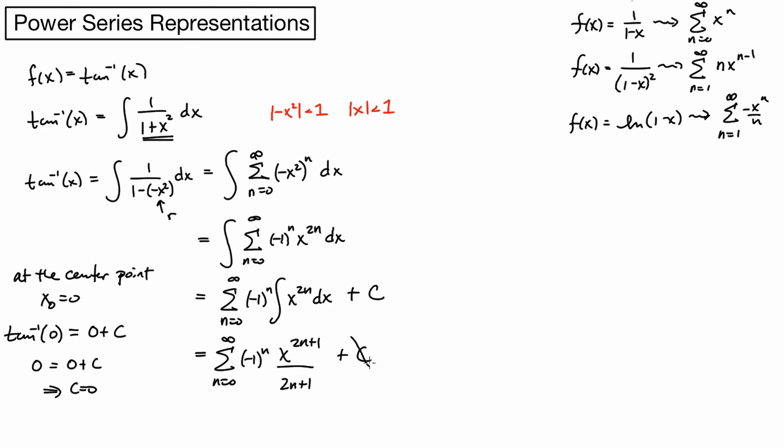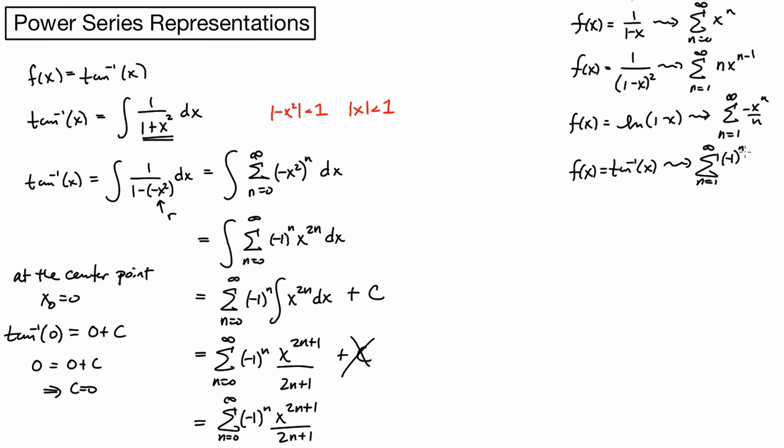So I can get rid of this guy and write down my final power series representation given to us by this sum. So I've now got another representation, this time of the inverse tangent or arctangent. Its power series representation, obtained through integration, is this alternating series.